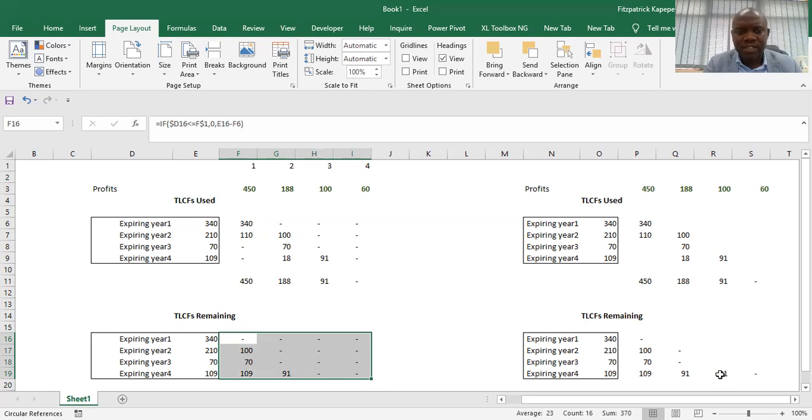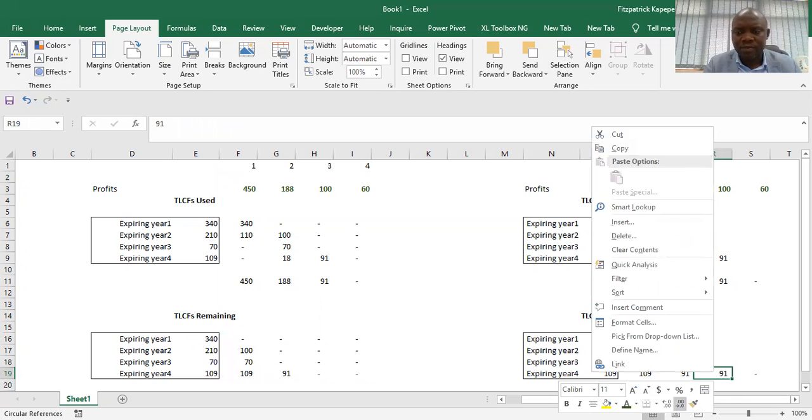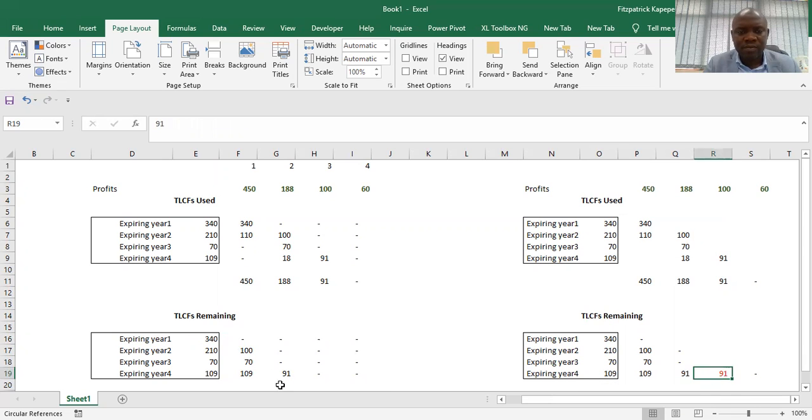Here, this was an understatement. This part was wrong, because it was used in year 3, so there was no way we should have added a number that should have been like this.